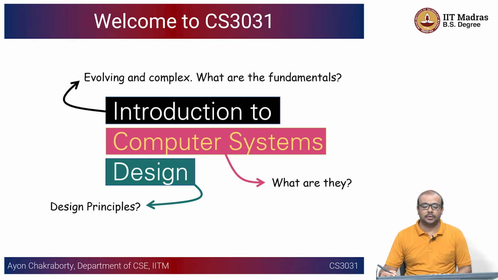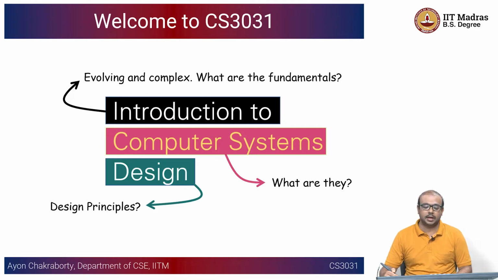We cannot really keep track of the entire timeline of this evolution. It is continuously going to evolve and become more and more complex. What we will stick to are the fundamental principles of this design.